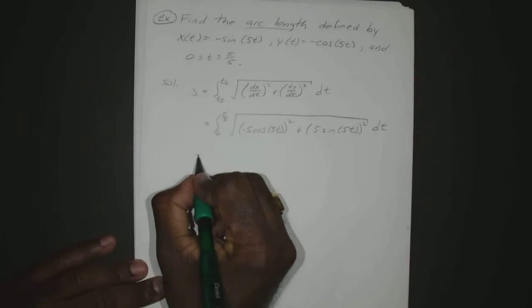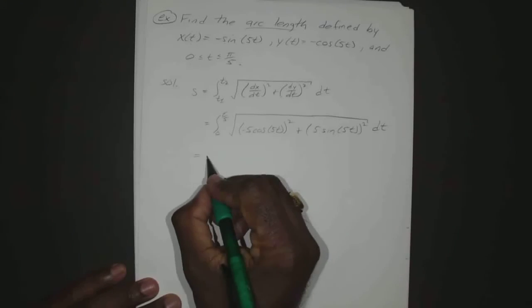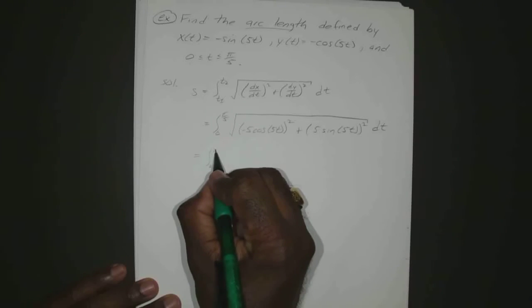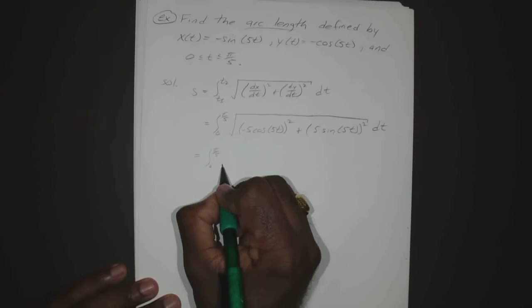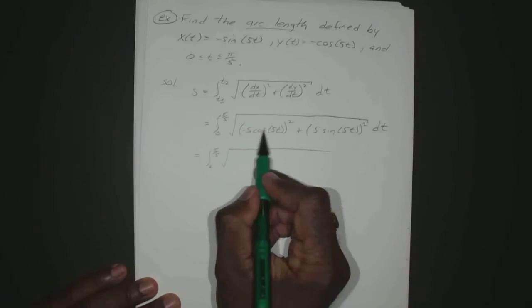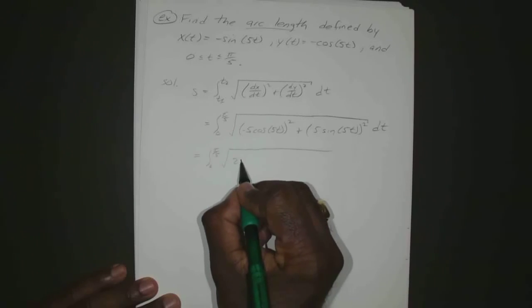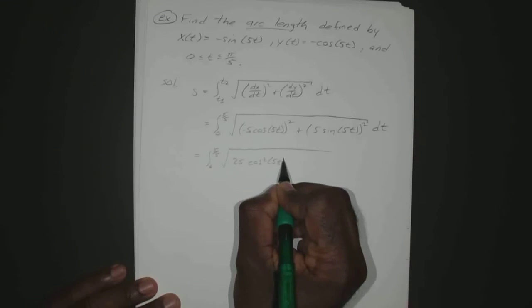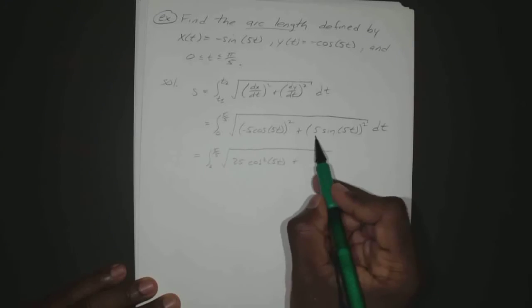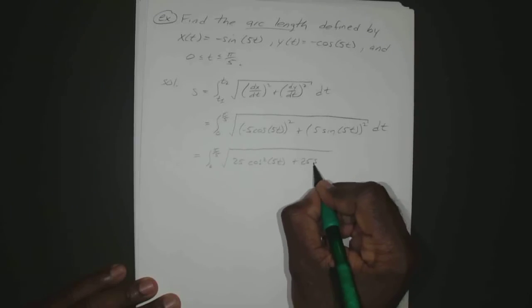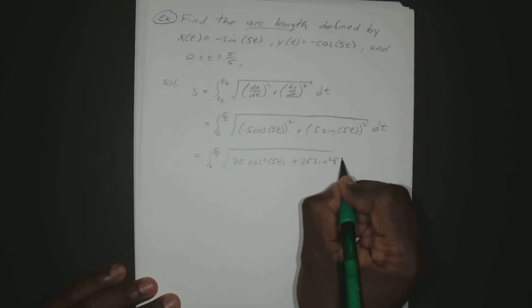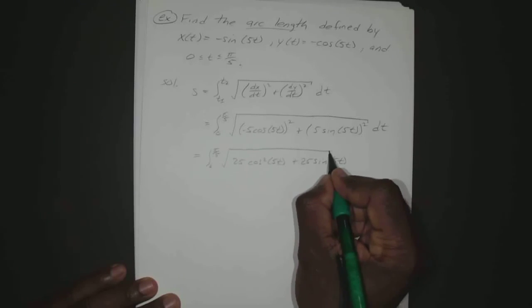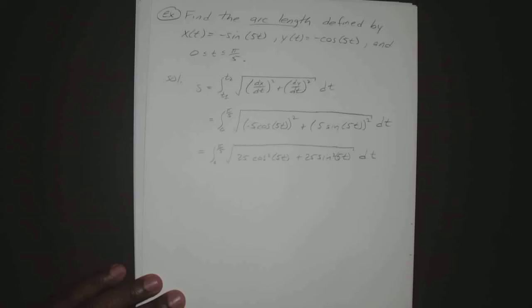Now with a lot of the sine and cosine problems, you'll see this little trick pop up. So the integral from 0 to pi over 5, you have negative 5 squared, which is 25, times cosine squared of 5t, plus, again, 25 times sine squared of 5t with respect to t.